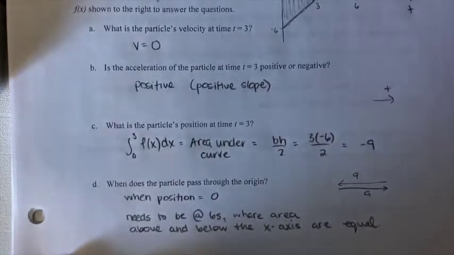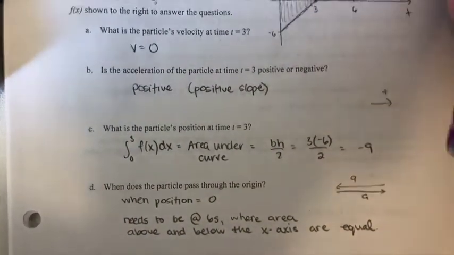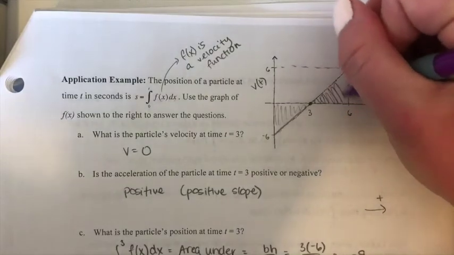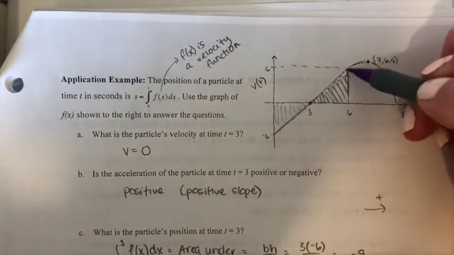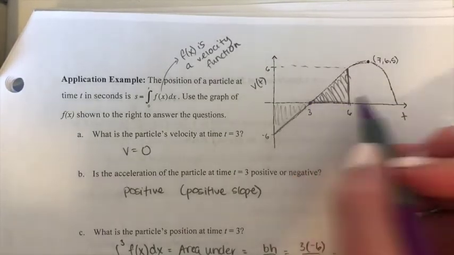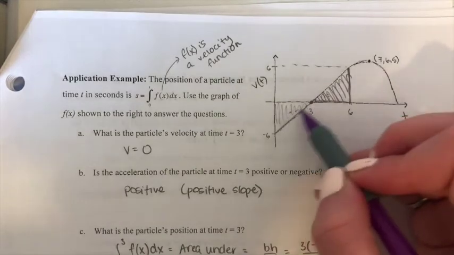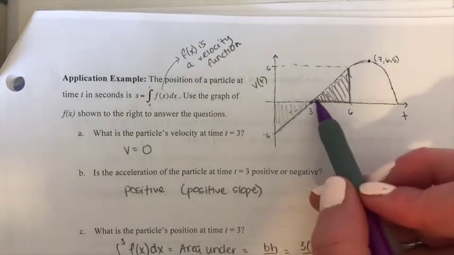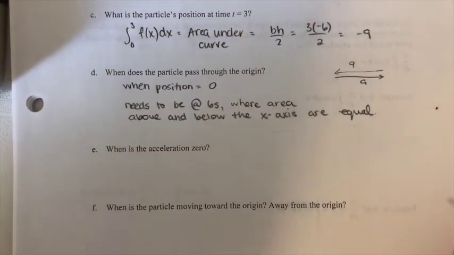If you look at 6 seconds, see how these two triangles are equal sizes? We've got a height now of 6, a width of 3 again. So these two things have the exact same area. So it's gone to the left 9 and then to the right 9. So now it's back at the origin, okay?